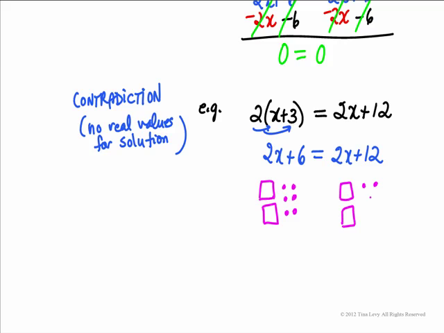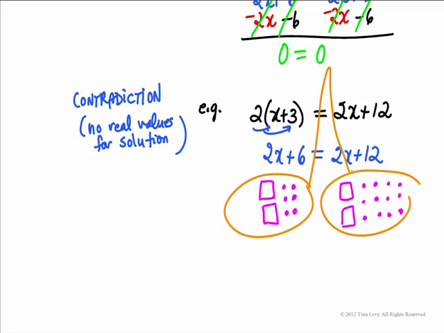And here we have 12 marbles. Now, one of the main ideas about equations is that if this was a scale balance, the two sides would have to balance. But you can see here that if we took off the 2 boxes on each side, you have 6 marbles, and then all these marbles, because they're like integers, are the same weight and size and everything, and 12. Will they ever balance? No.